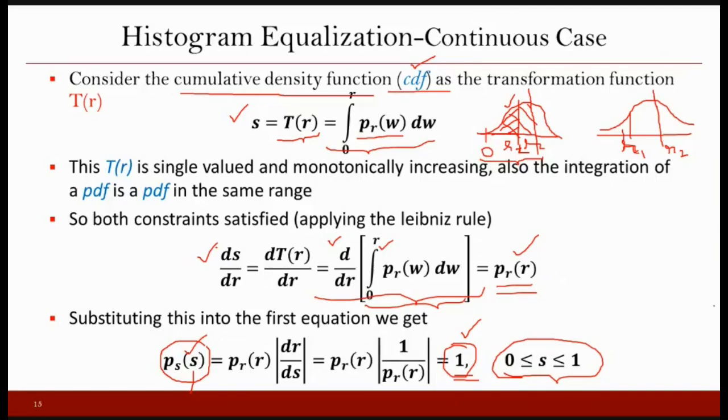So that is why we can say that if we choose the CDF as our transformation function, then it is satisfying our requirement. It is actually giving us the uniform distribution. So this shows that the CDF can be a good choice for the transformation function TR. There can be other functions also, but this is one of the functions that we can use for computing our histogram to equalize the histogram, and that is this CDF.